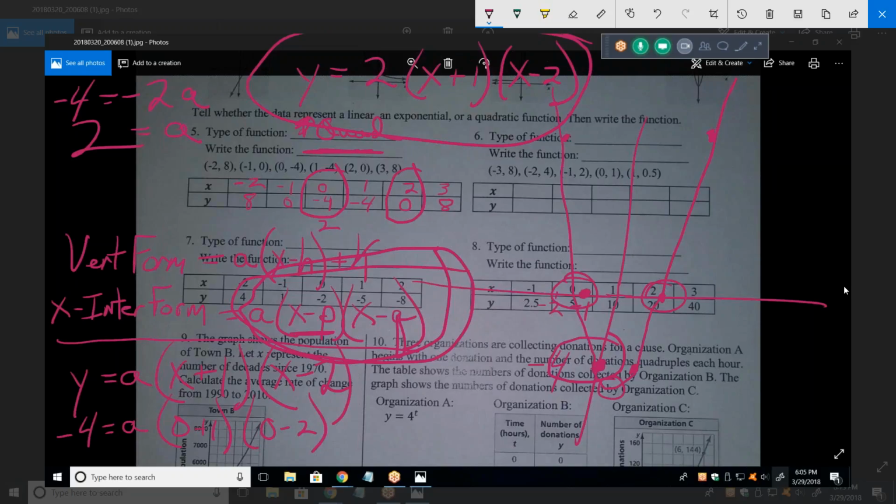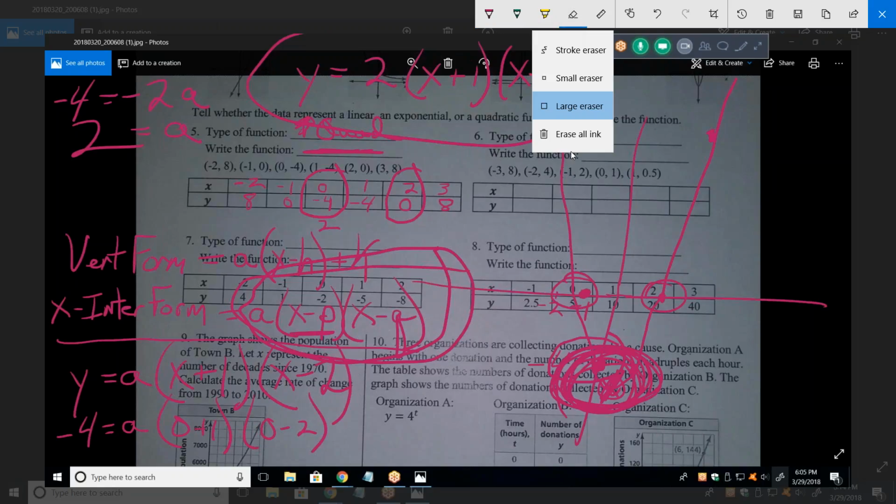They just said write the function. So this function is every bit as valid as any function you could have. Now, the fact of the matter is that we actually could have figured out this vertex over here, and we could have put it in vertex format. It would have looked a little different than this, but it would have been the same function. Okay? All right, so let me erase all this, and let's do the next one.